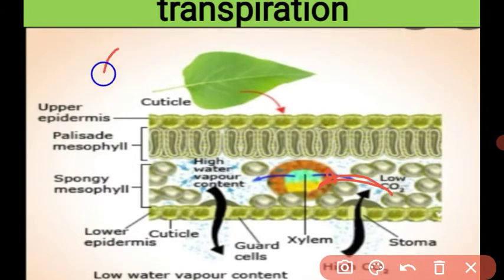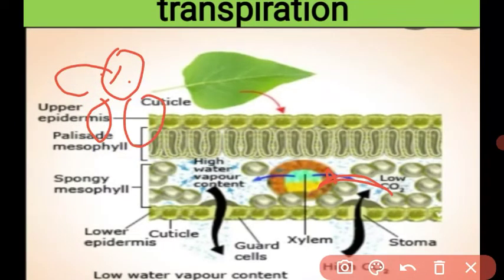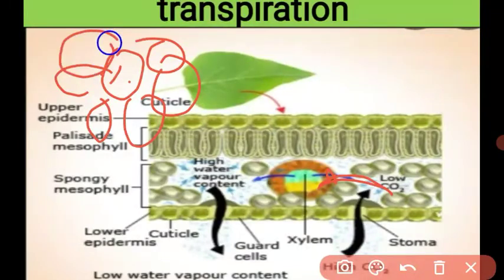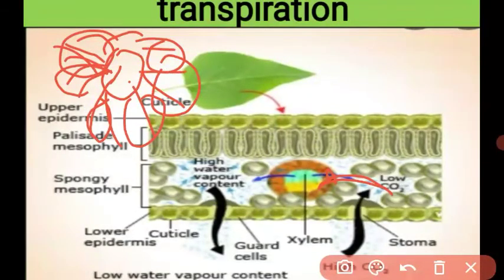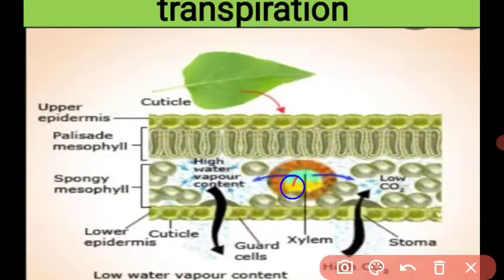This is the xylem, near the mesophyll cells. By imbibition, the water is transferred to the atmospheric surface. Again, the xylem tissue brings the water from the soil and transports it to the leaf surface. There are so many cells.